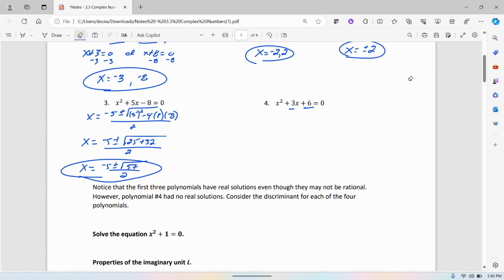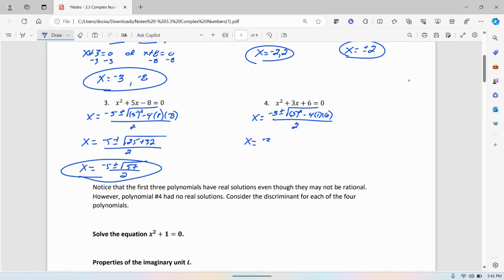So again, I'm going to use the quadratic formula. So x is the opposite of the b value plus or minus the square root of that b value squared minus 4 times the a value, which again is 1, times the c value, which is 6, all divided by 2a.